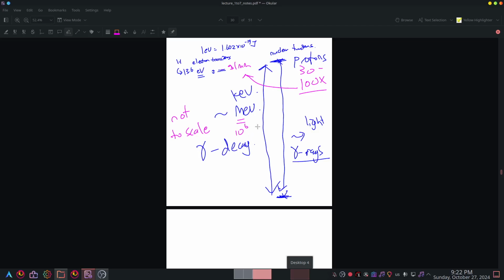Mega is actually 1 million times. So how many pages would we need to draw this to scale?